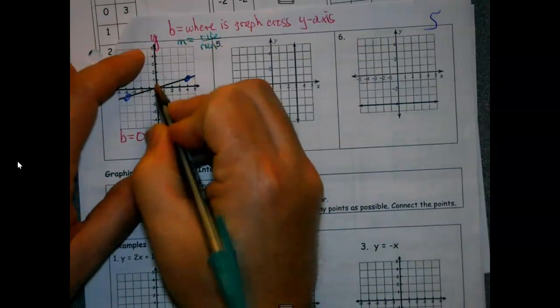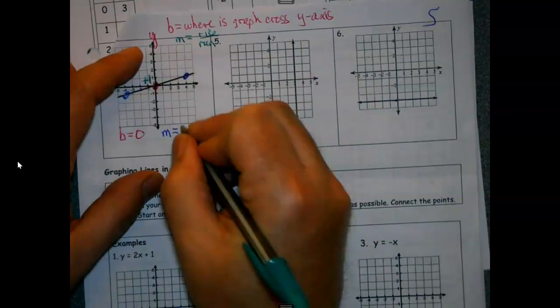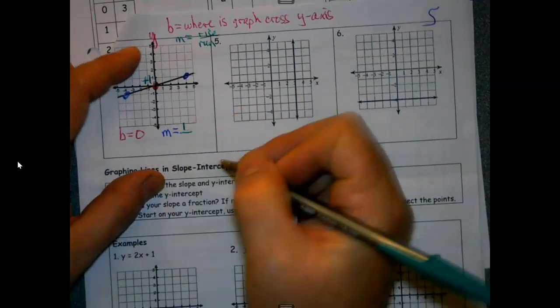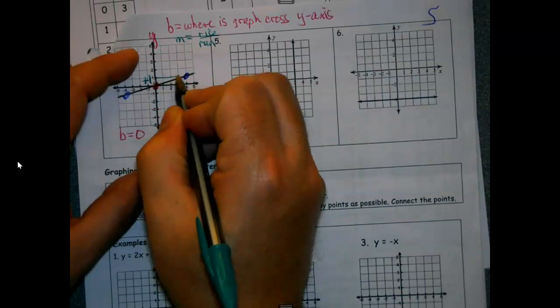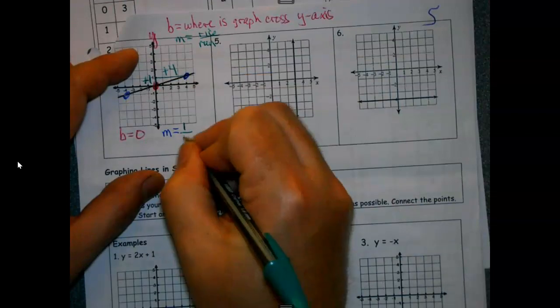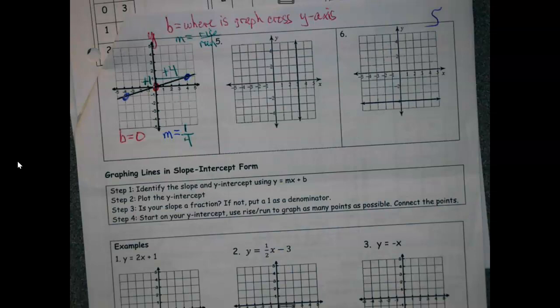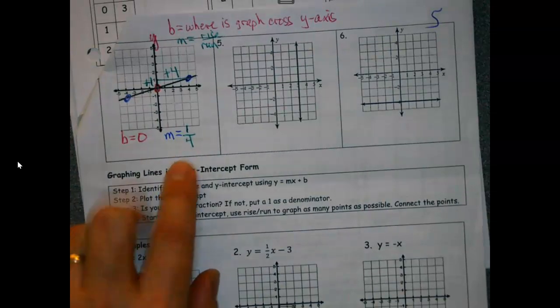So I go, to get from here to there, I go up 1. So that's positive. And I go right 1, 2, 3, 4, which is also positive. If I go down or left, that's negative, but here I went up and right. So that's positive 1/4, and now I got what I need.